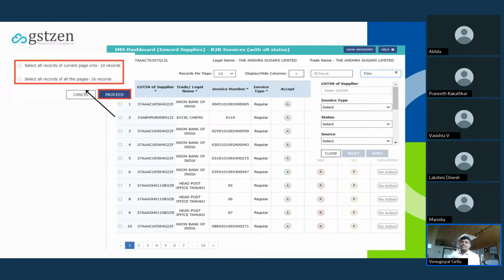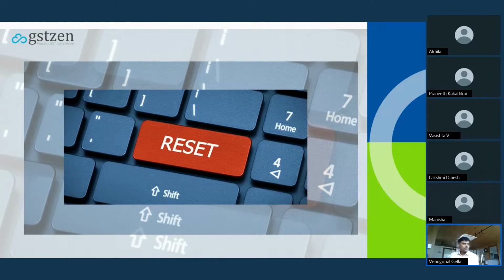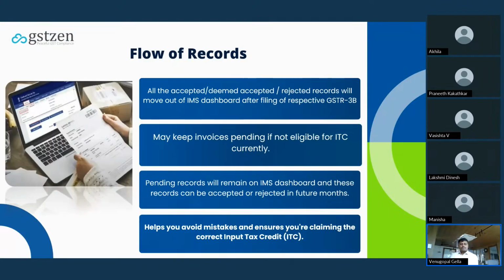If the records are more than 500, you definitely need the support of tools like GST Zen, which will automatically download from the government portal through APIs and give you a real-time dashboard. Then there is a reset button. There's a compute button. I'll tell you how that plays a very important role.